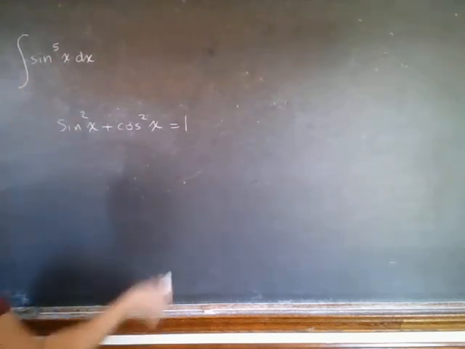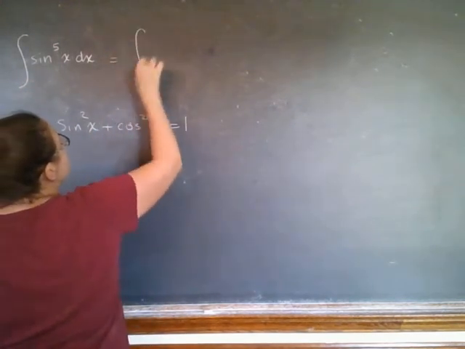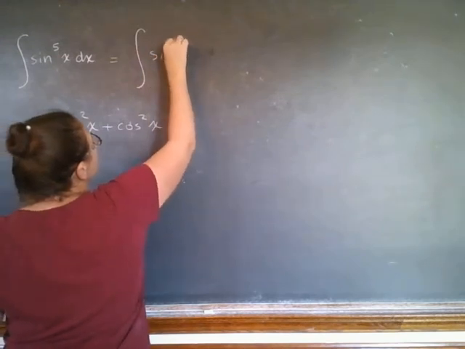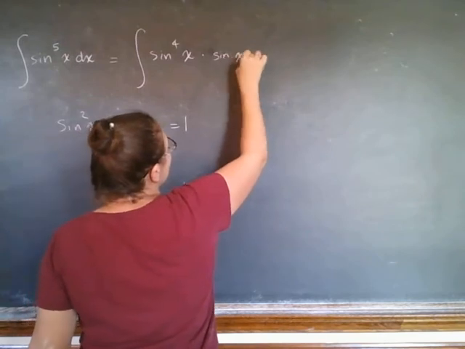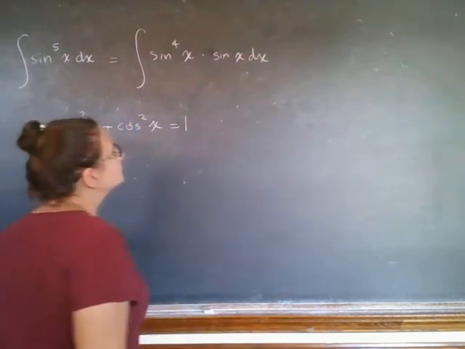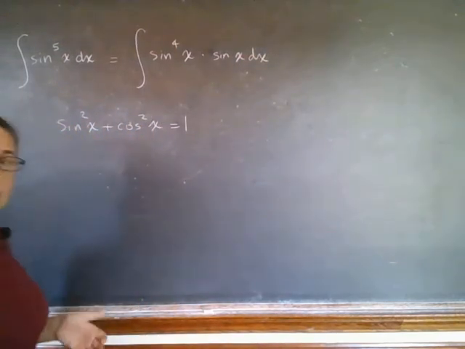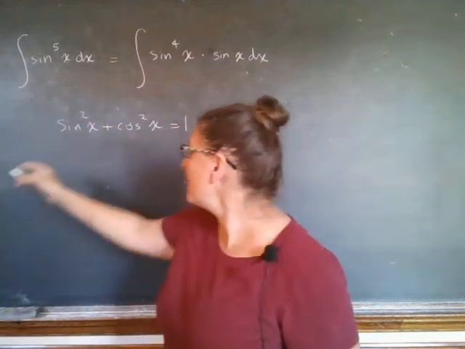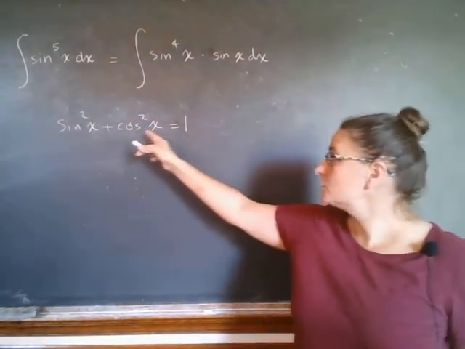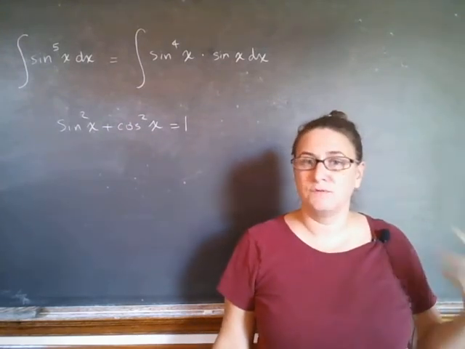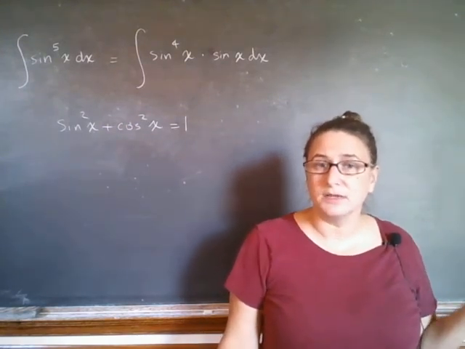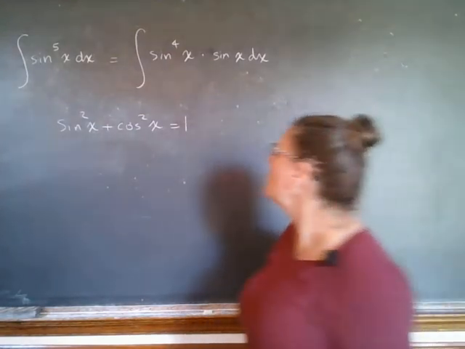So I can think about this as sine to the fourth x times my extra sine x dx. And the reason I did that is because my Pythagorean identity is good for things that have squares or fourths or whatever. It's good for even powers. Okay?